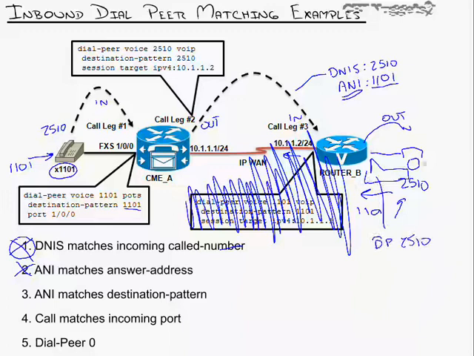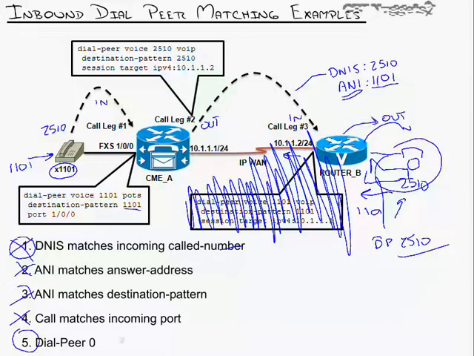We would still have an outgoing dial peer to let this guy ring anytime a call came to 2510. Well, what would happen is inbound we would match, outbound we would match going to 2510. But on the inbound call leg, it would go through this whole list, say nope, nope, and it would come down here finally to this thing, dial peer 0. And it would say, okay, well, I'll just use what's known as the default dial peer 0, or just allow you in using default settings so that you can complete the call.